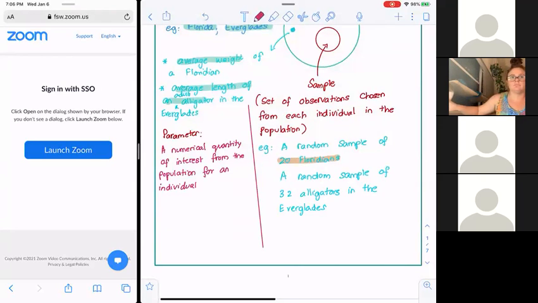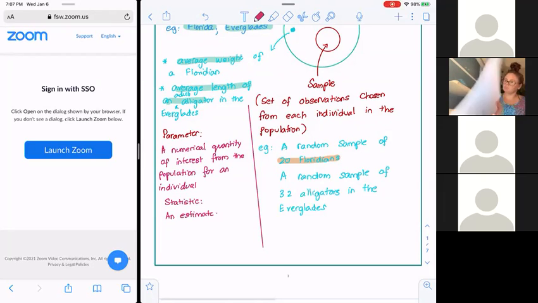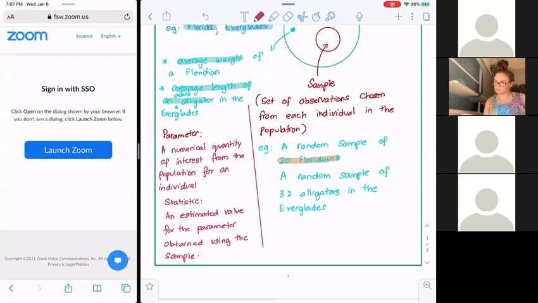So what is a statistic? It is simply an estimated value for the parameter that we obtain using the sample.